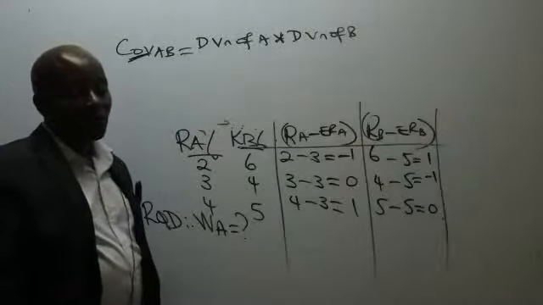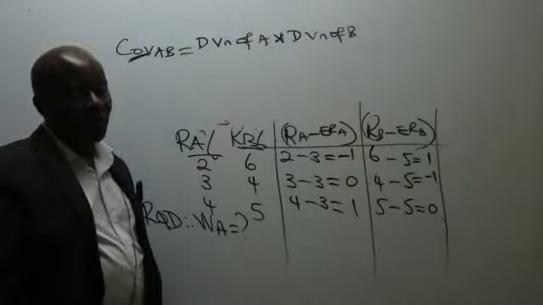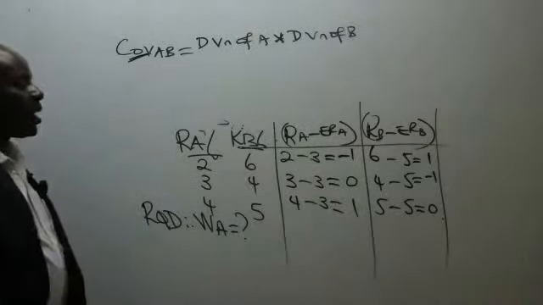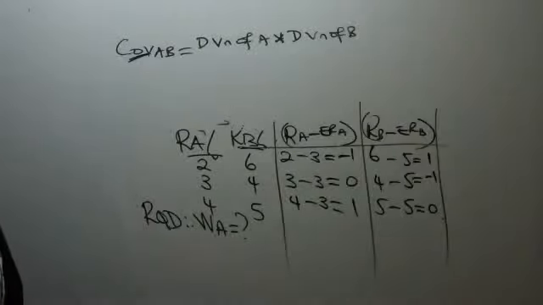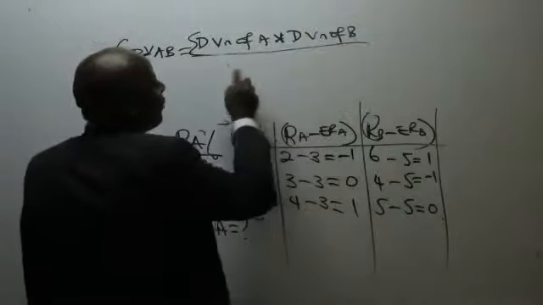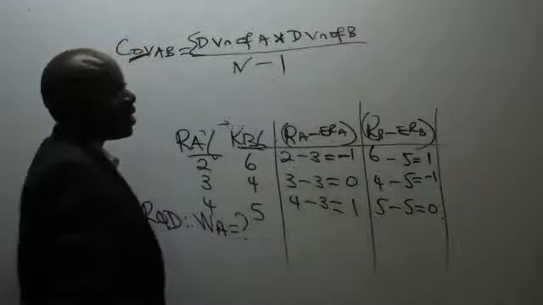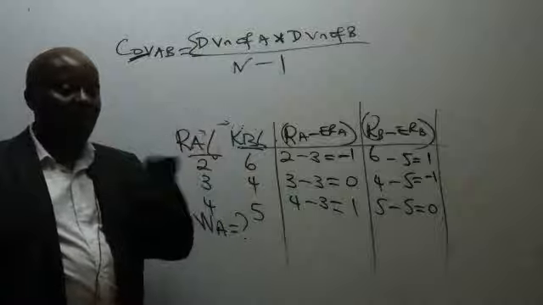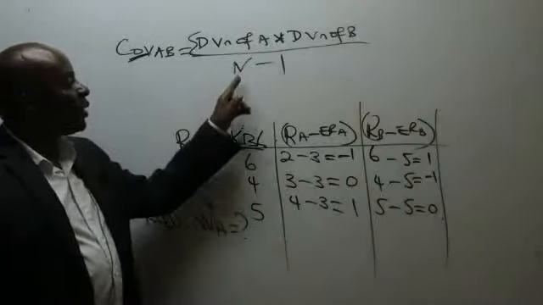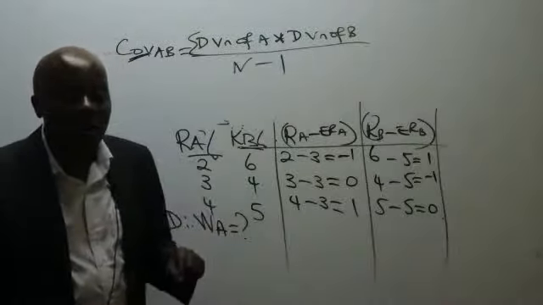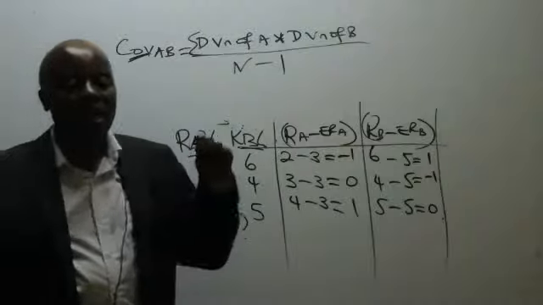Probabilities are not given. So whenever probabilities are not given, what should we do to average? We sum, and then we divide this by n minus 1. For the covariance and variances, we always divide by n minus 1. We only divide by n alone when we are getting the expected return.